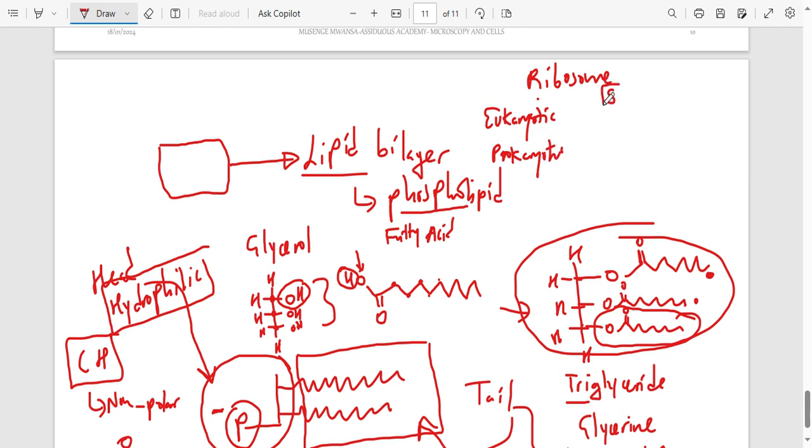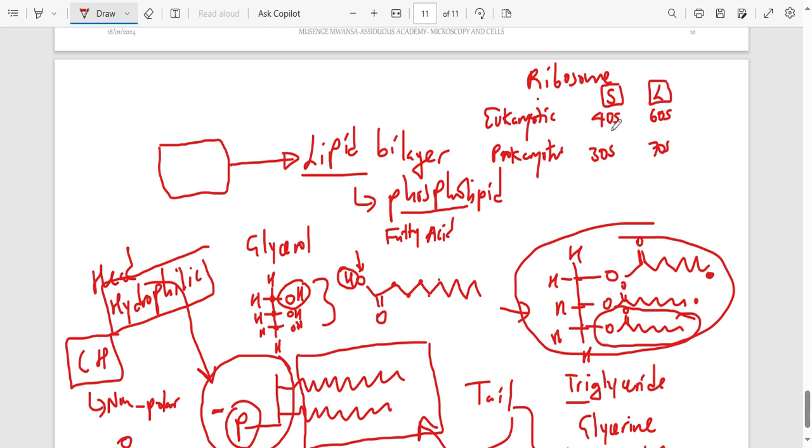S will represent the small units, and then L will represent the large units. For a eukaryotic cell, the small subunits are called 40S. The large subunits are called 60S. For prokaryotic cells, the small ones are called 30S. The large ones are called 50S.